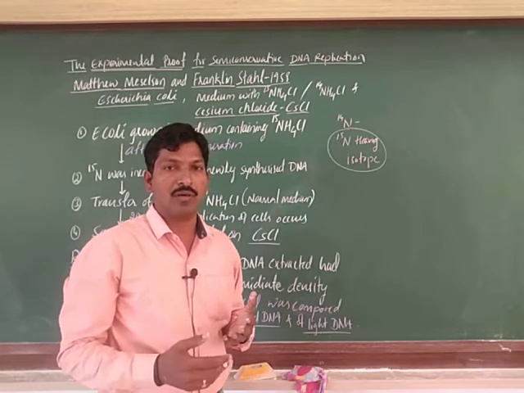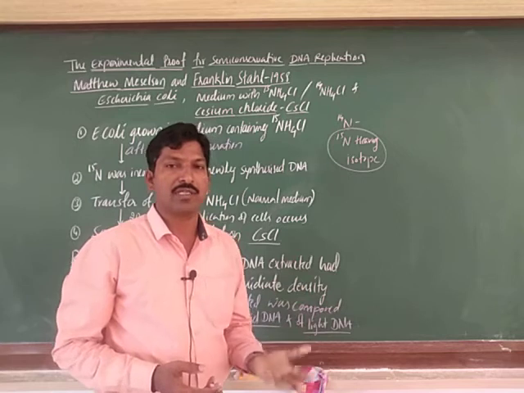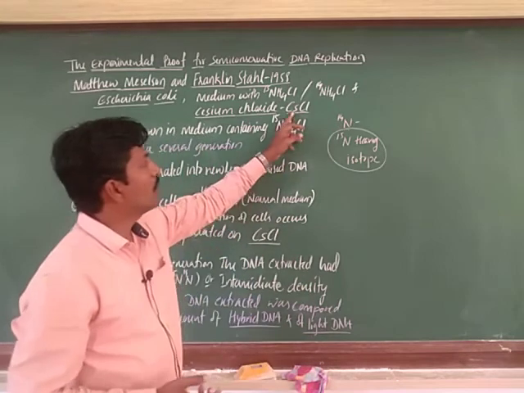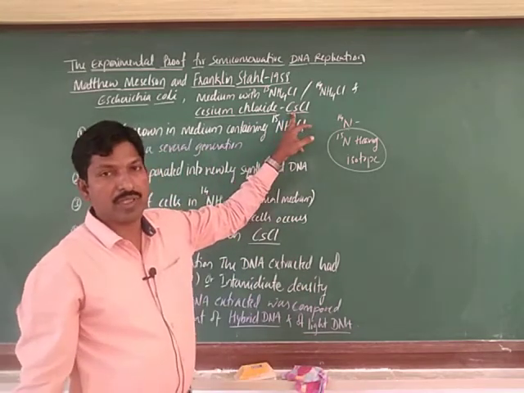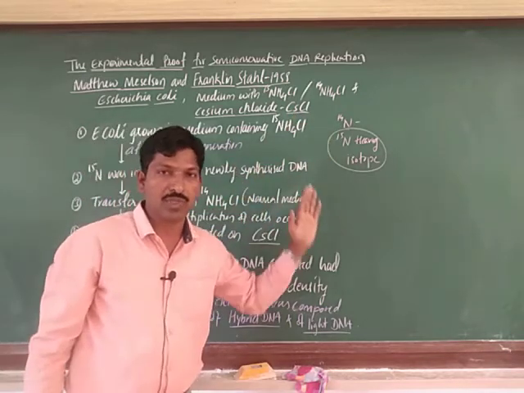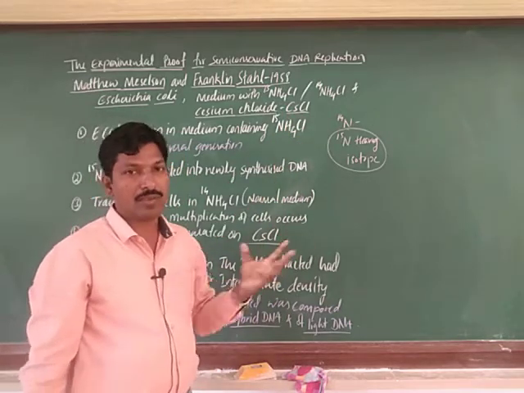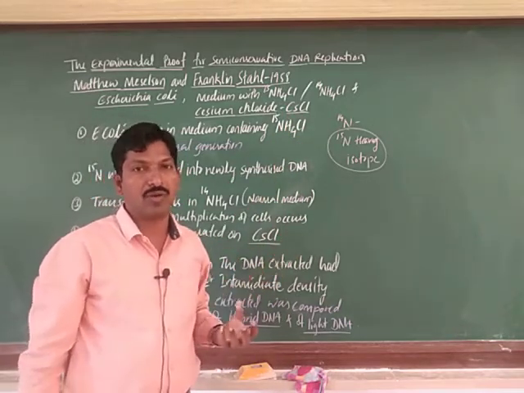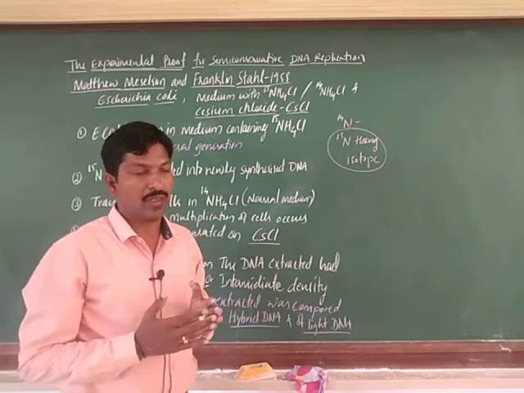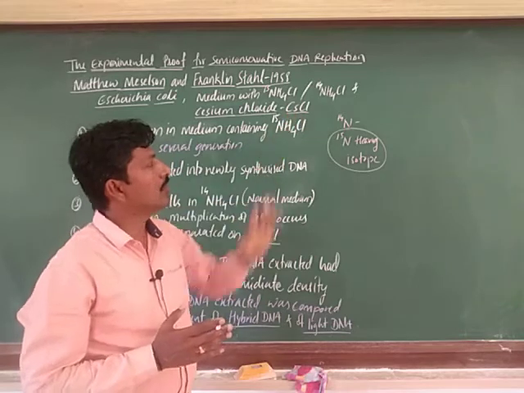After centrifugation heavy molecules settle at the bottom, and cesium chloride is used because it may not react with the DNA. So cesium chloride is only for centrifugation, so that DNA is separated on the cesium chloride.